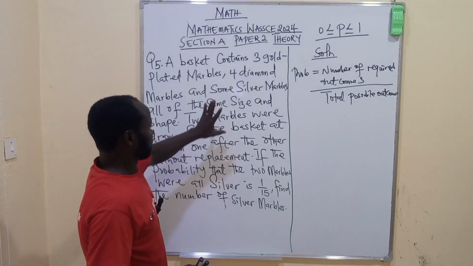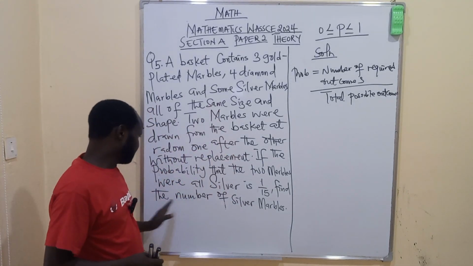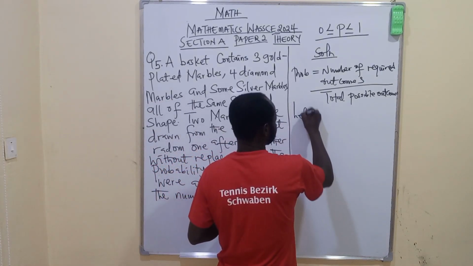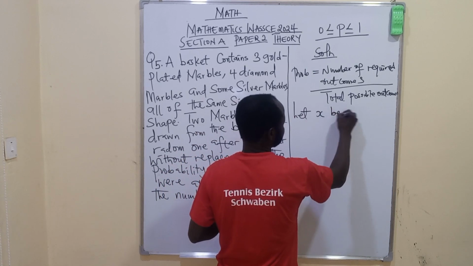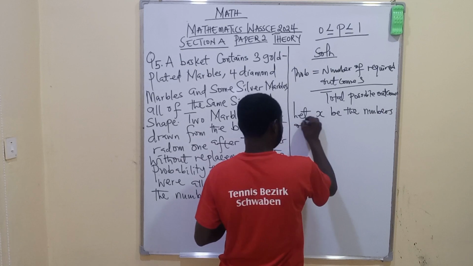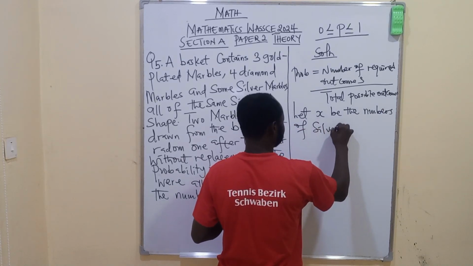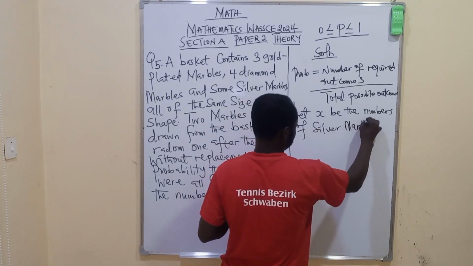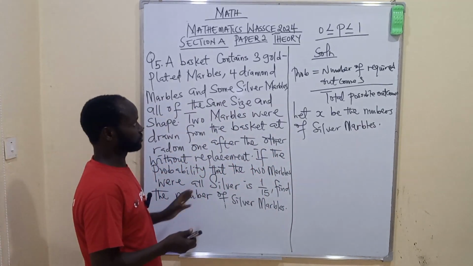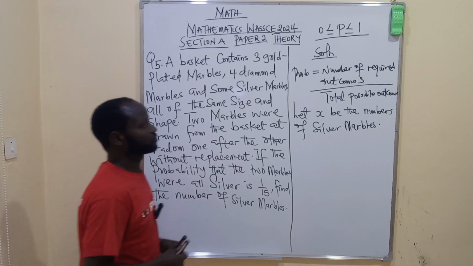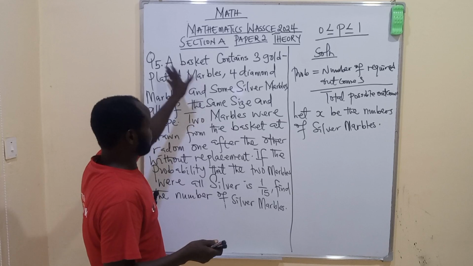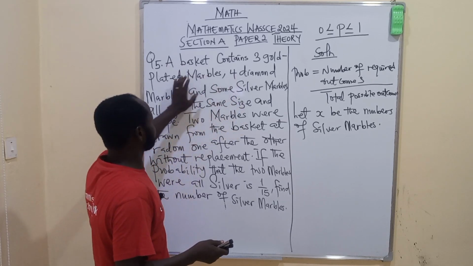We are asked to find the number of silver marbles in the basket. Since we don't know, let x be the number of silver marbles. The next thing is to find the total possible outcomes, the total sample. We add the number of marbles.